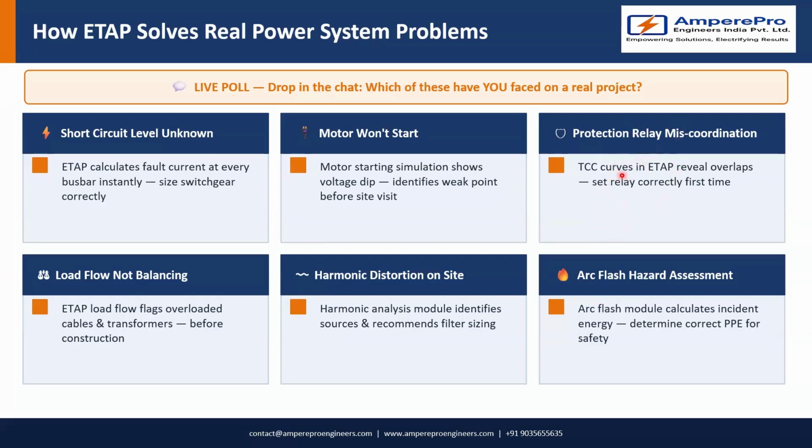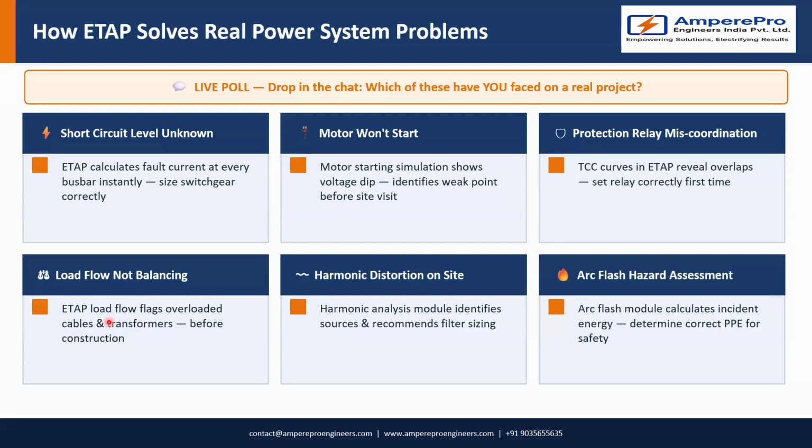Another advantage: while running the load flow, your transformer may be overloading, your bus may be under voltage, or your cable may be exceeding its current carrying capacity. These are all problems that, before buying the equipment, you can pinpoint and resolve.